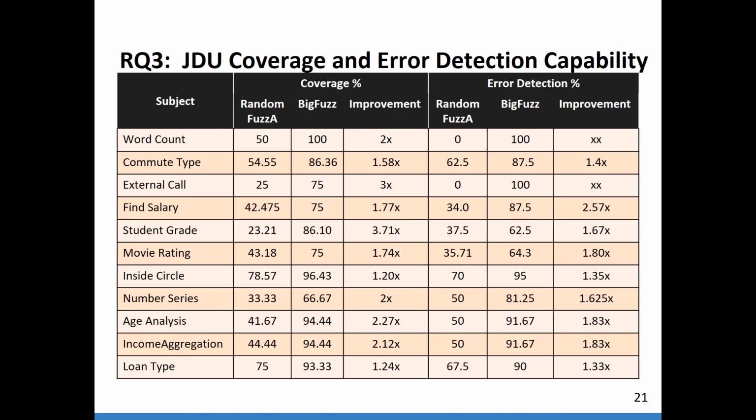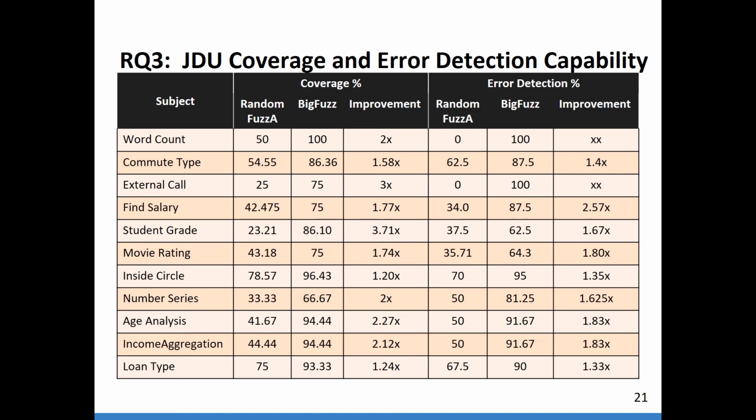In such case, random fuzz A uses the conventional binary mutations to generate inputs. For each subject program, we want to know, after 1,000 iterations, how many JDU paths we can cover and how many injected errors can be detected.